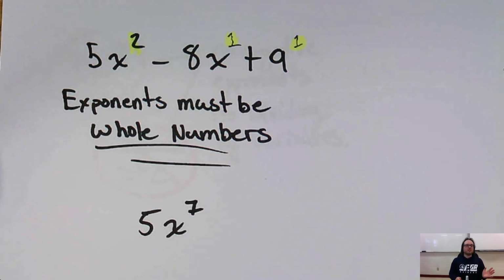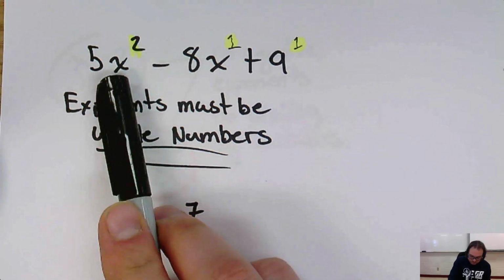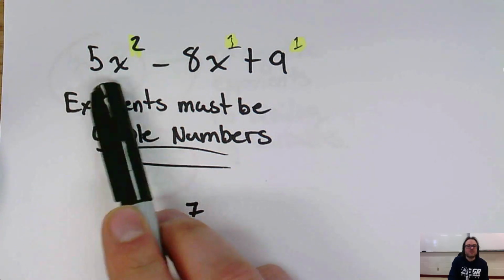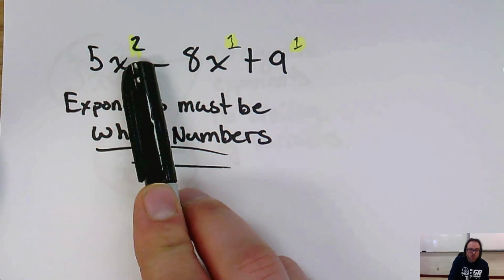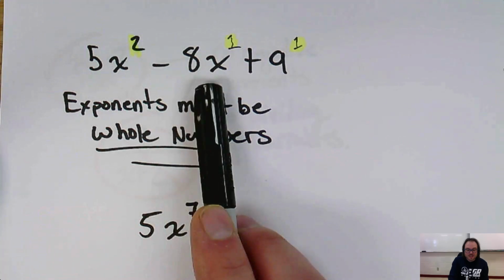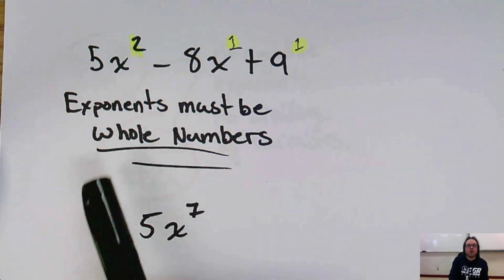Well, the exponents of every term must be a whole number. We cannot have any fractional exponents or negative exponents. So if I look at this here, this first term is 5x squared. So my exponent is a 2. Here it is 8x, and there's an imaginary 1 there.